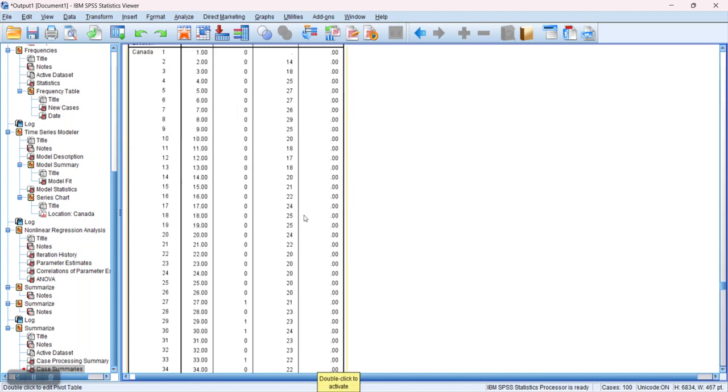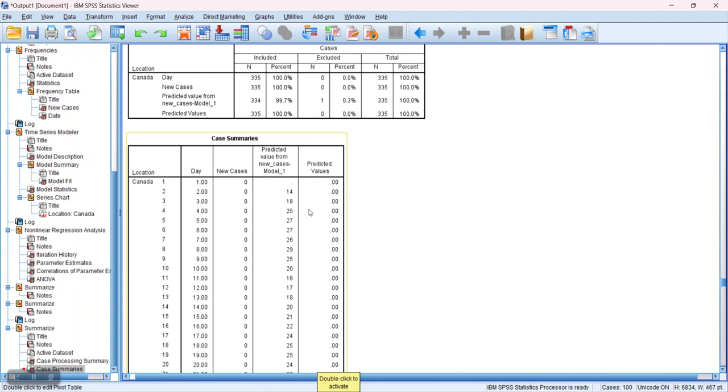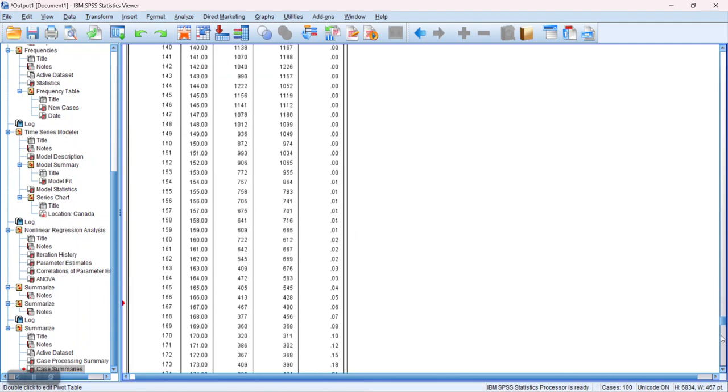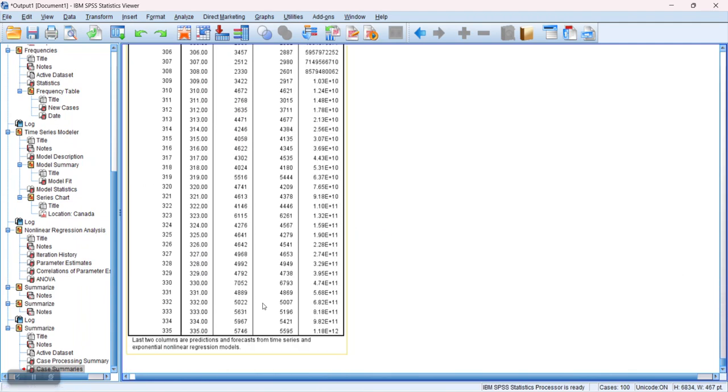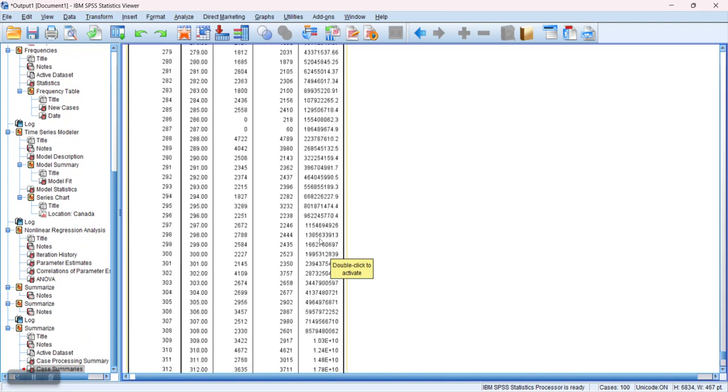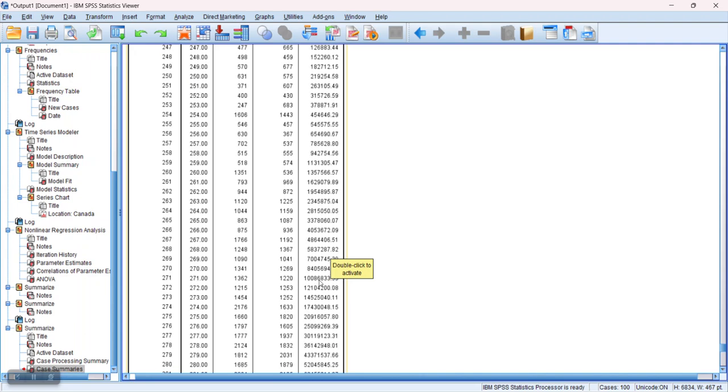But as we can see here, the last two columns are predictions and forecasts from time series for this one and the exponential nonlinear regression model for this last column. We can see here that this column of the exponential nonlinear regression model grows explosively. See, it goes into millions and billions.